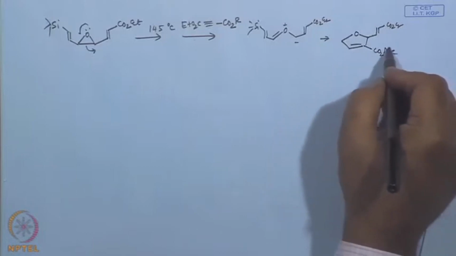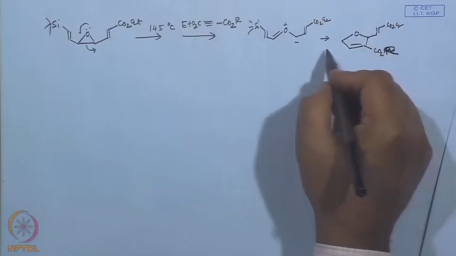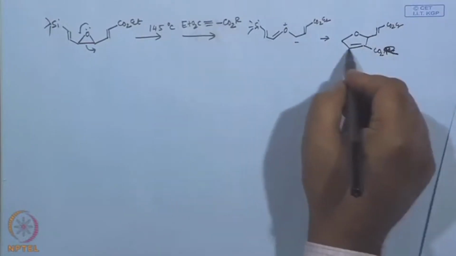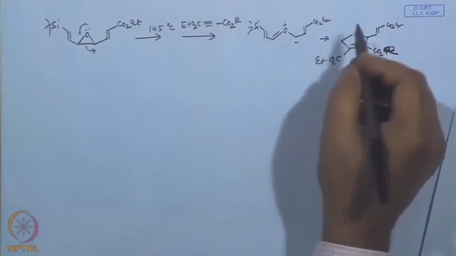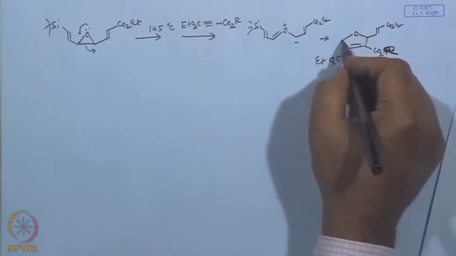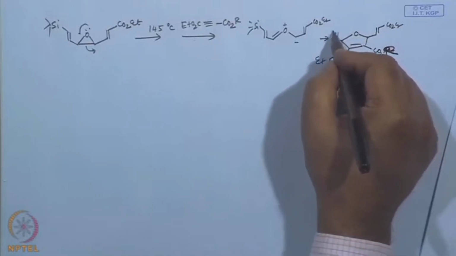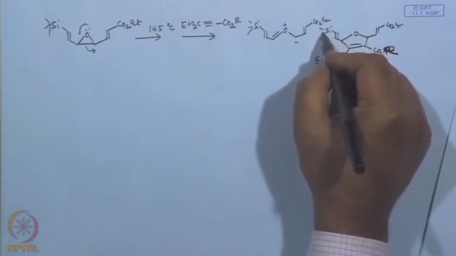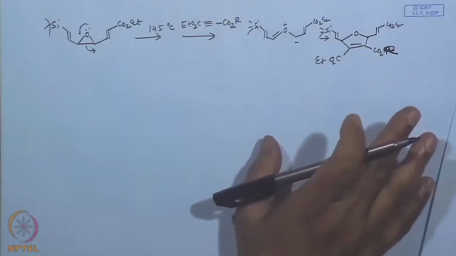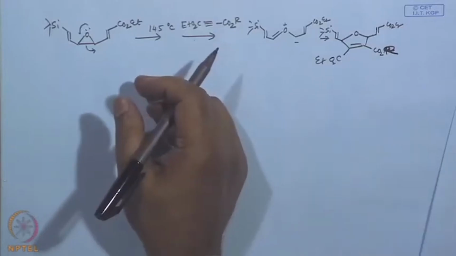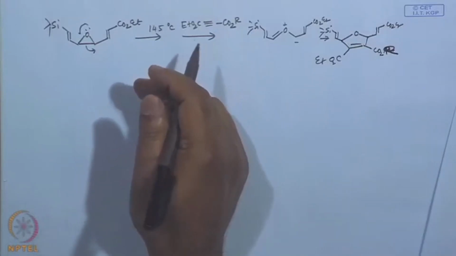So this is R and R, this is let us say E, and then you have this vinyl silyl group. These two examples tell you that this sort of reaction is quite general.